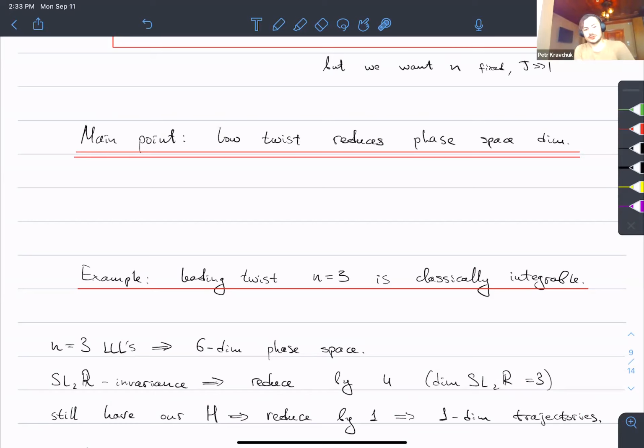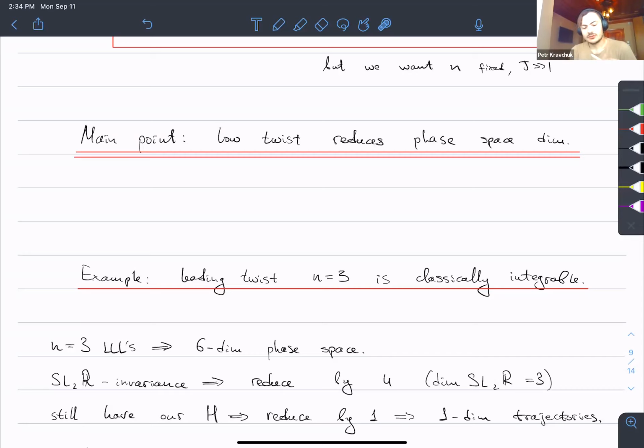Why 6-dimensional? When you have 1 particle in a plane, its phase space is 4-dimensional. But when you put it in its lowest Landau level, you kill 2 of the phase space dimensions. You basically solve for 1 harmonic oscillator. So you get 2 phase space dimensions per particle, and for 3 particles, you get 6.